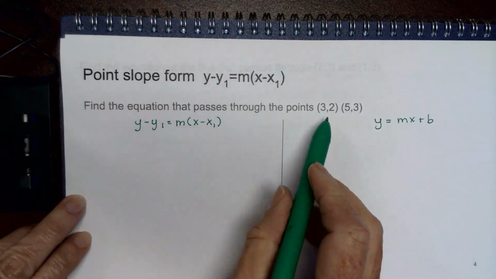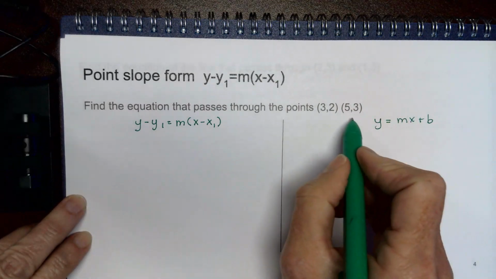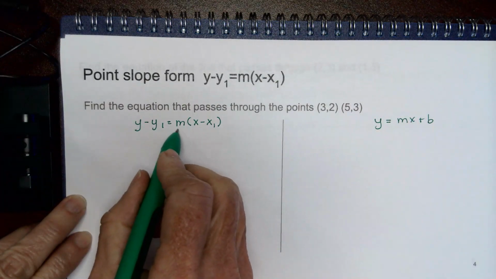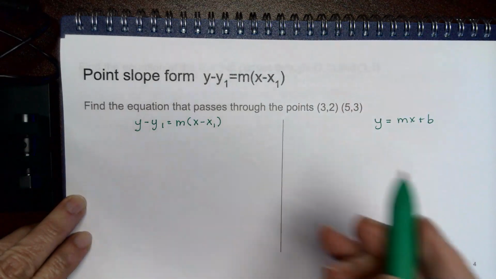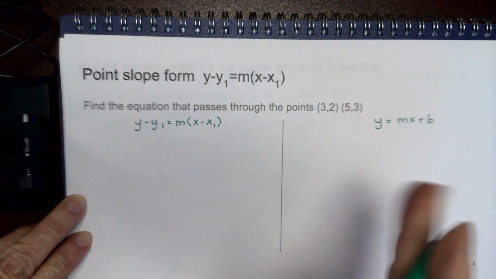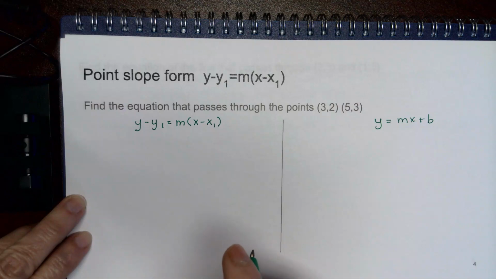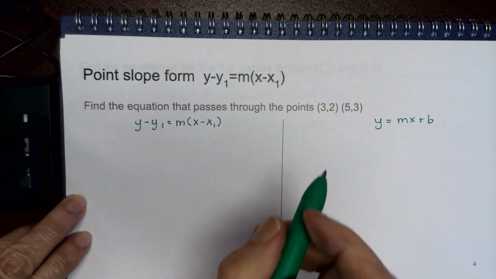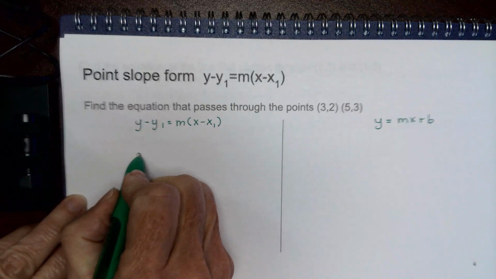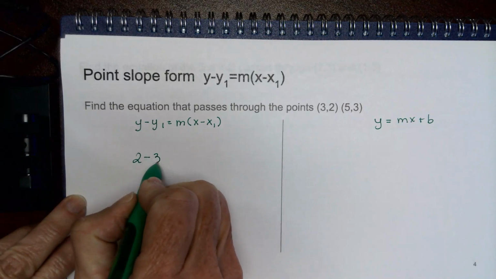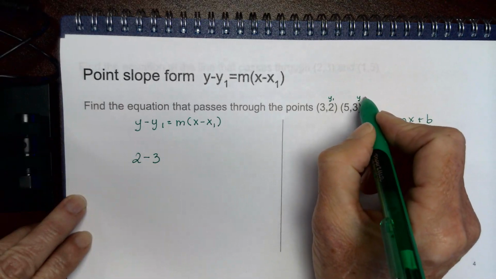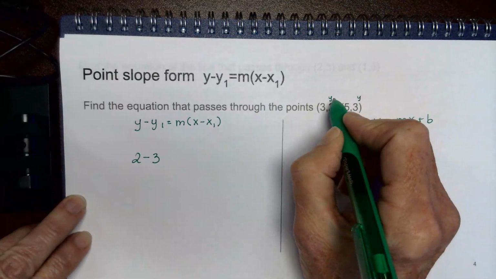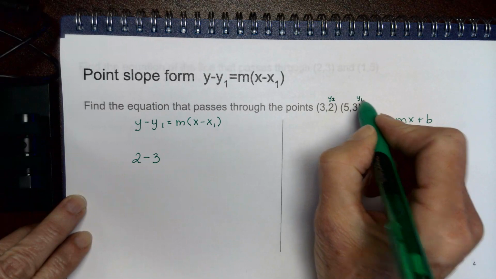In this form, I'm going to take these 2 points, substitute them in, and solve for my slope. And if they don't tell me what form to put the equation in, I know it's going to be slope-intercept form. So I'm going to say 2 minus 3. This is y sub 2 and this is y sub 1.